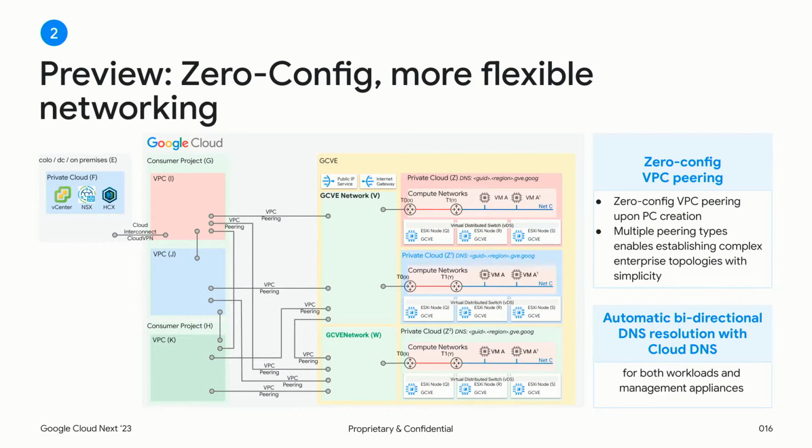So this kind of flexibility in networking, when you start doing advanced things, you need this flexibility, but in a very simple way, so that you're not spending all your time trying to manage this mess of virtual wires of connectivity, and we make it possible and easy with VMware Engine networking.